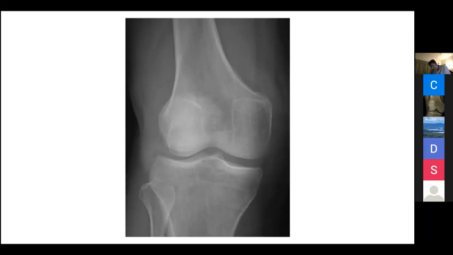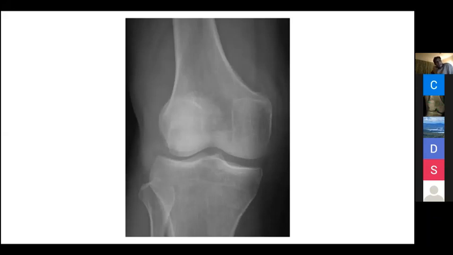So is it osteochondritis, sir, of the distal femoral condyle? Which femoral condyle? Medial or lateral? Lateral, sir. Lateral femoral condyle.